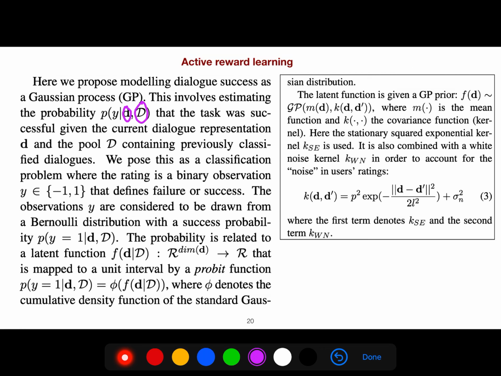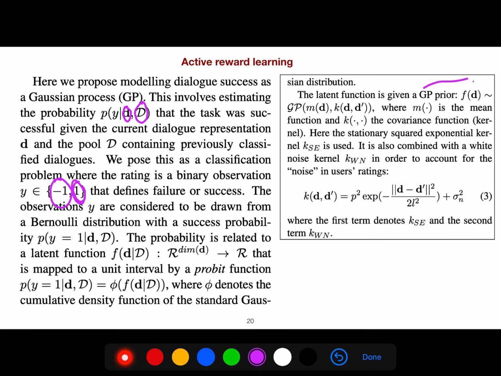Otherwise, if something happens and the chatbot keeps repeating cyclic things that are even irrelevant, that is failure. So it's either failure or success. Success is 1, failure is -1. And we model it using the Gaussian process prior.